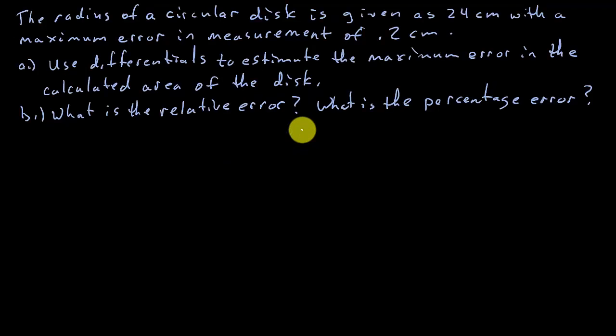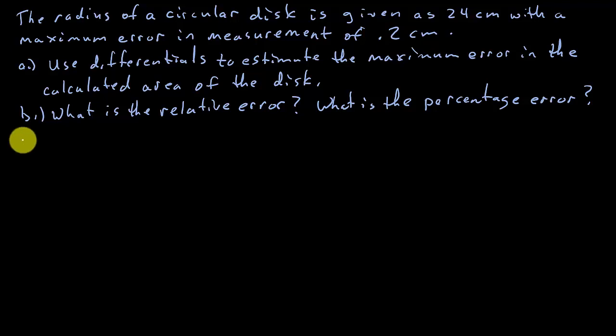Let's look at our next example. It says the radius of a circular disc is given as 24 centimeters with a maximum error in measurement of 0.2 centimeters. Use differentials to estimate the maximum error in the calculated area of the disc, and then find the relative and percentage error.